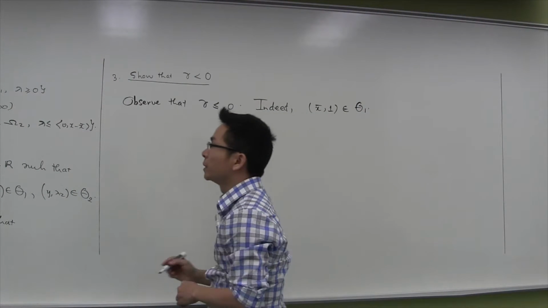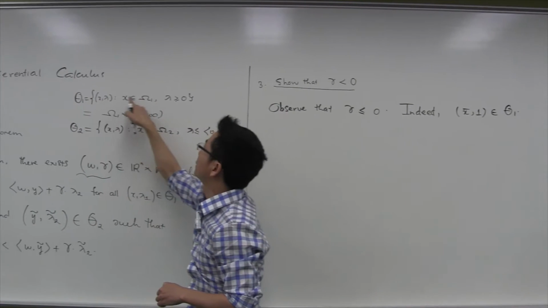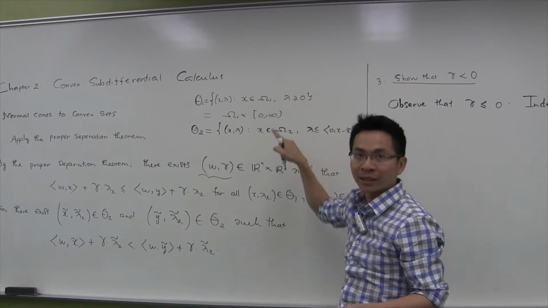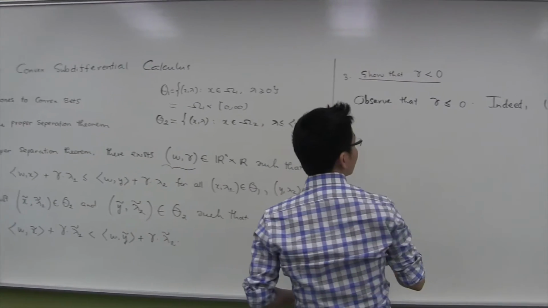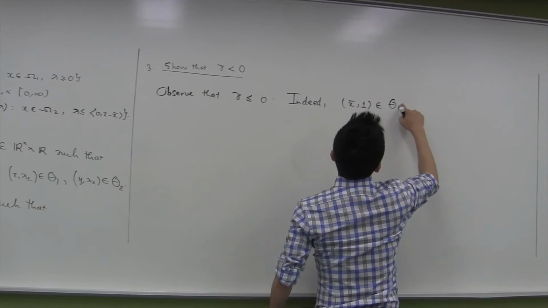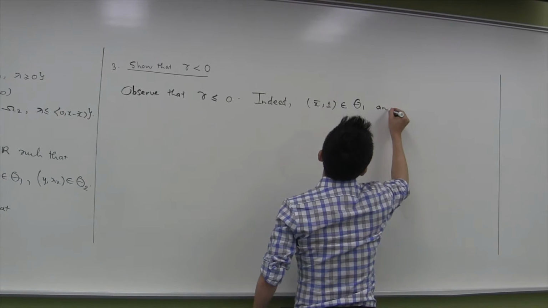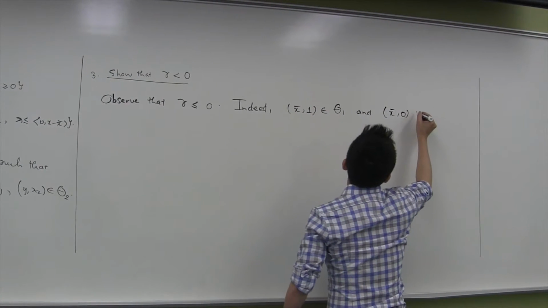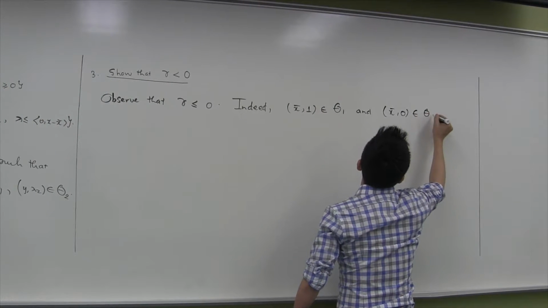This is true because x bar is in omega 1 and 1 is greater than or equal to 0. And (x bar, 0) also belongs to theta 2.